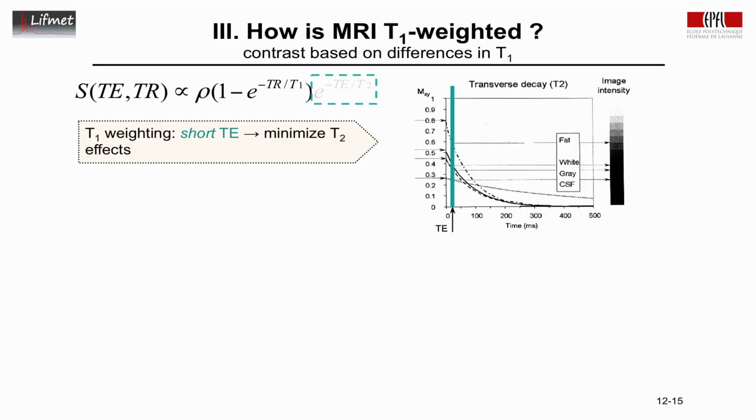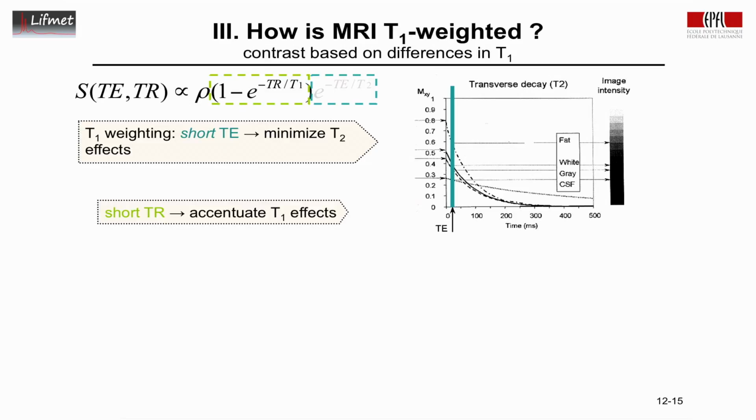Then let's pretend that we have been successful, that our TE is sufficiently short that we can largely neglect the effects of T2. So we'll pretend that this factor here is 1 and gray it out here, and it's no longer observable. Now we're interested in optimizing this term here.